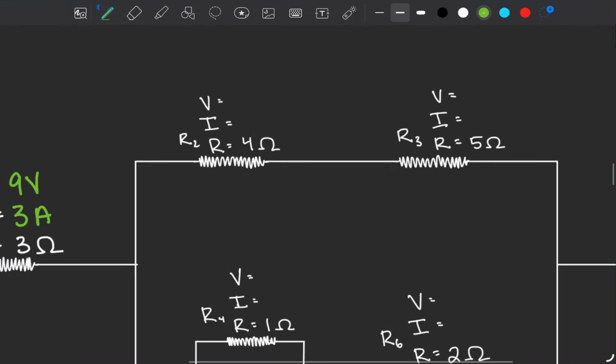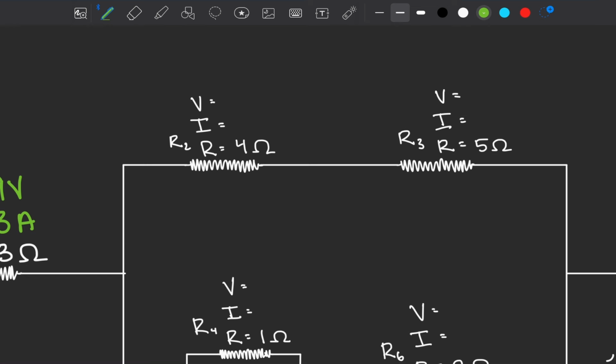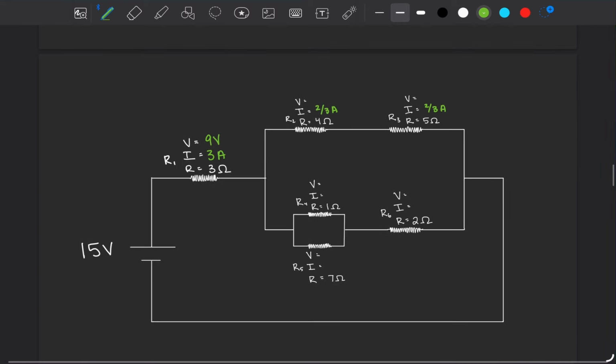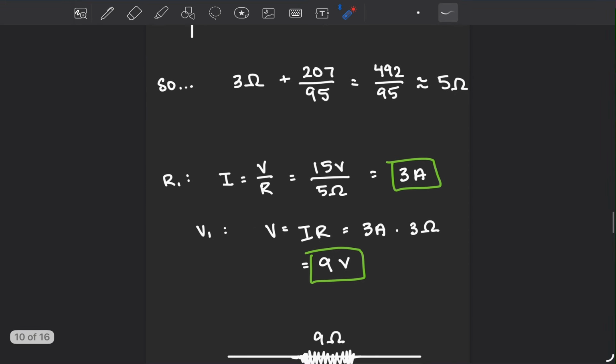So we come back up here, and again, when resistors are in series, one after the other, the current is going to remain the same. So we found 2/3 amps. It's going to be the same going through both. Voltage, though, is going to be different. So we have to go back and calculate that as well.